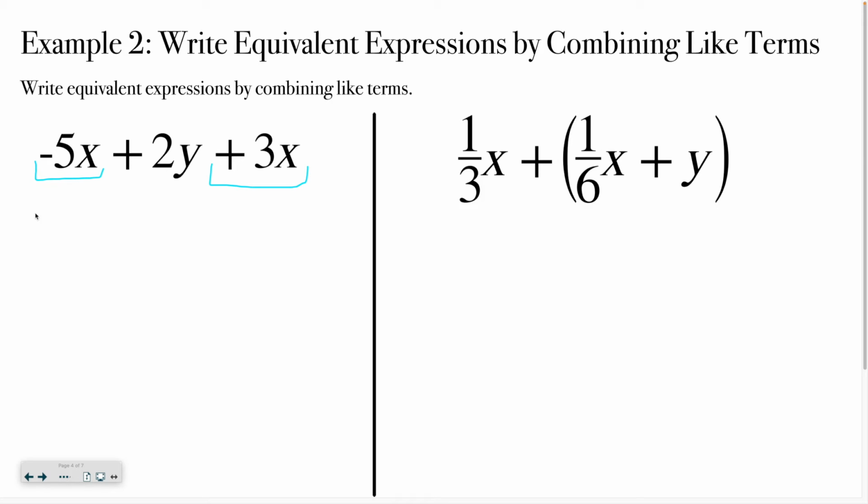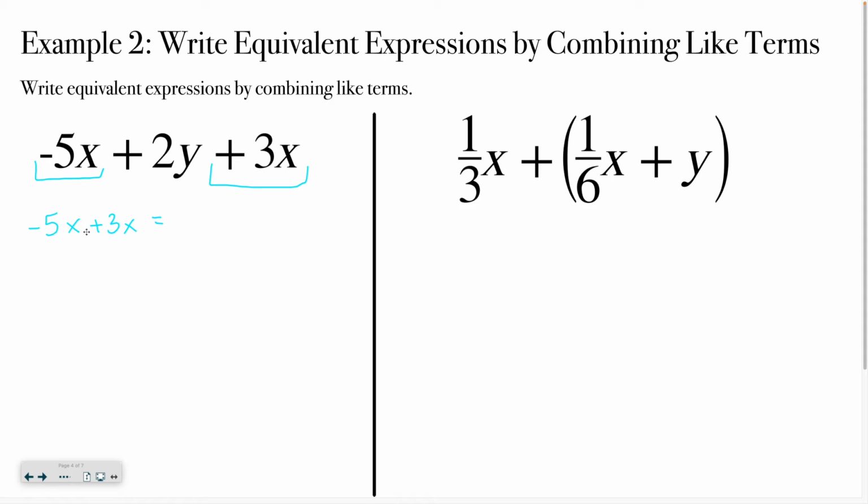And you'll see I underlined both of my x terms with the same color. And what I'm going to do is I just want to write those next to each other, right? We can change the order of things, right? If I were to say 3 plus 4, you would tell me that's the same thing as saying like 4 plus 3, right? That's something called the commutative property, where the order doesn't matter when you're adding things, okay?